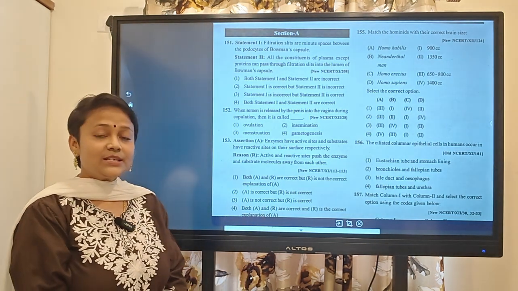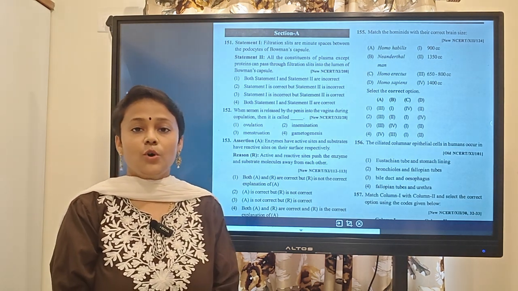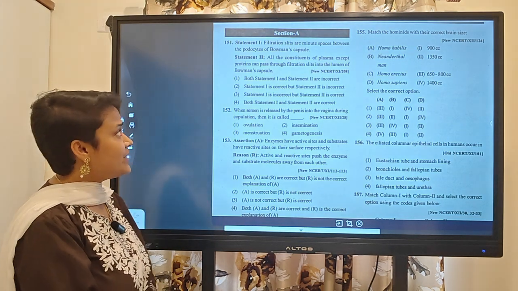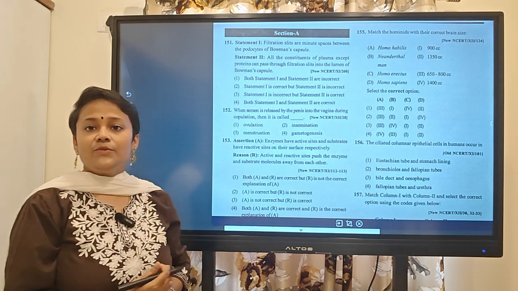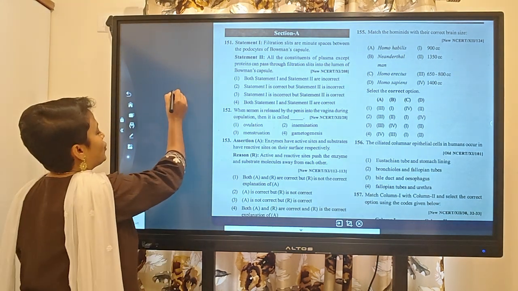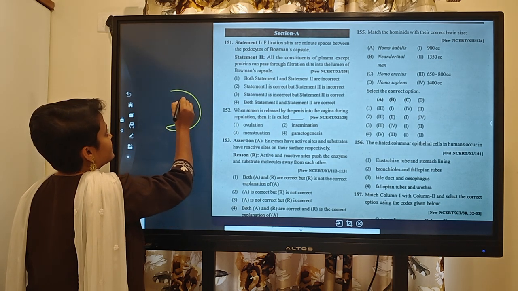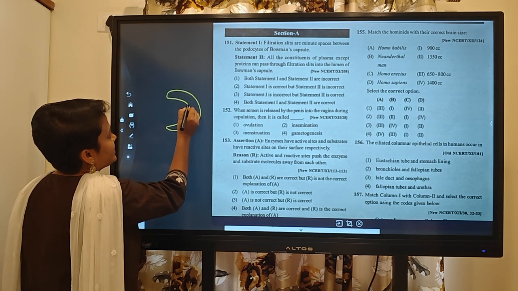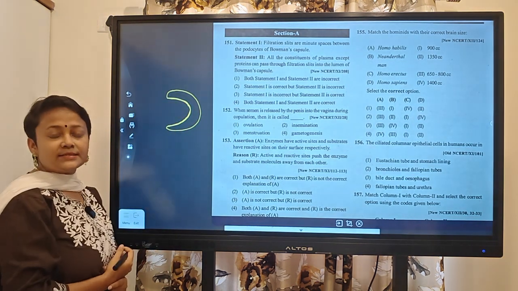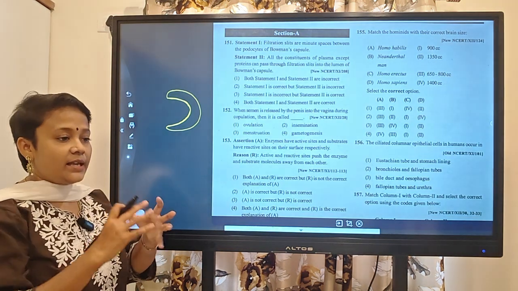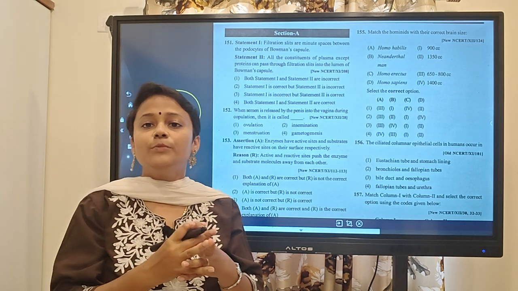So there will be filtration in Bowman's capsule. Filtration means filtration of blood, right? So here, the first statement suggests that there will be podocytes. What is podocytes? If we draw the Bowman's capsule like this, the inner lining or inner epithelium is made up of podocytes, and the podocytes are closely associated with the arteriole of the glomerulus.